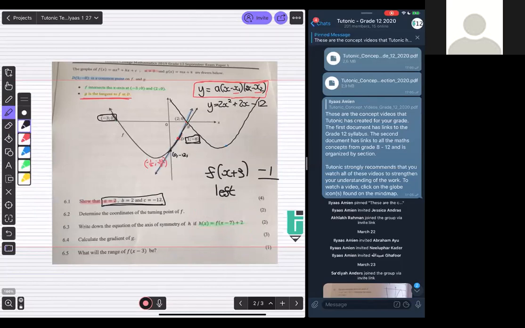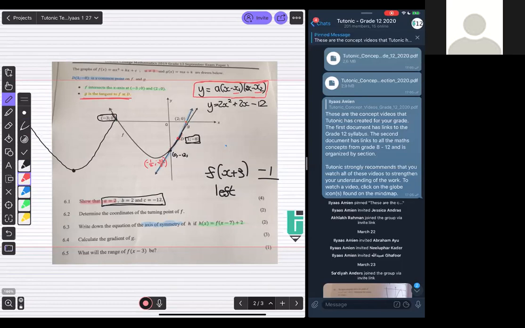Okay, so axis of symmetry. Who wants to tell me what do we know about the axis of symmetry of a parabola? Where is the axis of symmetry? The turning point. Okay, is the axis of symmetry just a point, or is it a line? It's a line. And what type of line is it? A straight line, so y equals mx plus c. A straight line is that equation, but what type of line is the axis of symmetry?